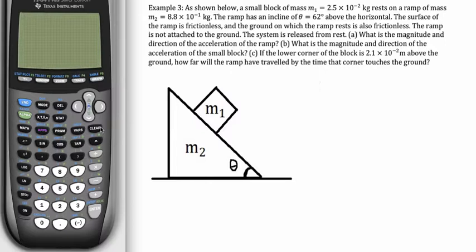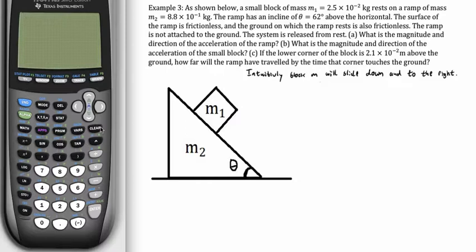Okay. So what's going to happen, to kind of give us an idea, is we can say intuitively block M will slide down and to the right, which we will call the positive direction, and we'll call up the positive direction as well.